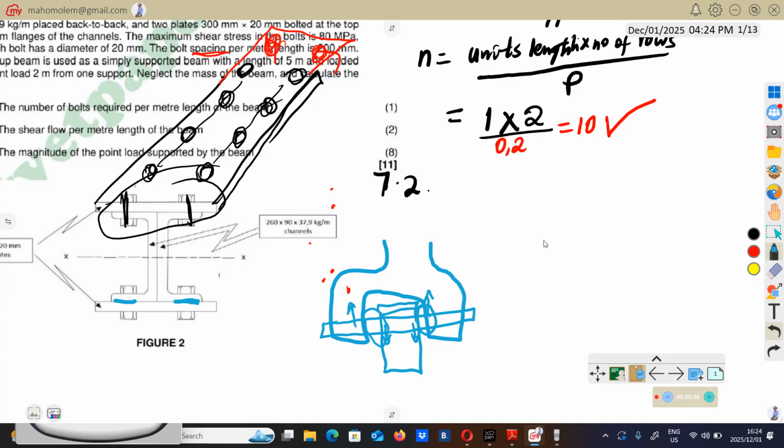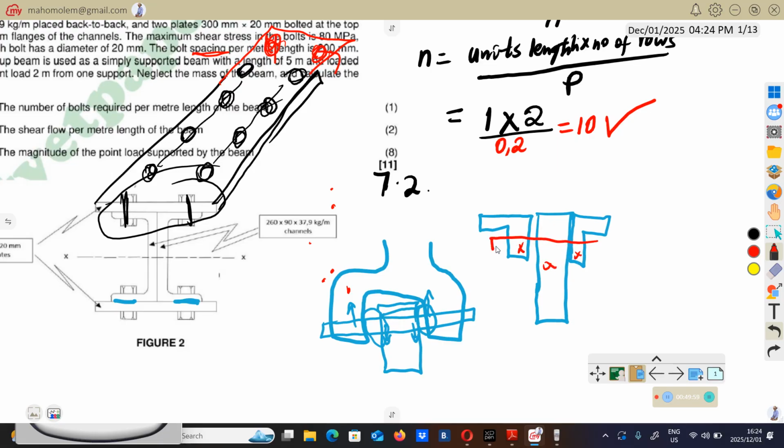Another scenario, which sometimes you will see at a later stage, you will have something like this. Then we'll have maybe angles from this side, equal leg or unequal leg. Then when we check, we'll have this plate 1, 2, 3.